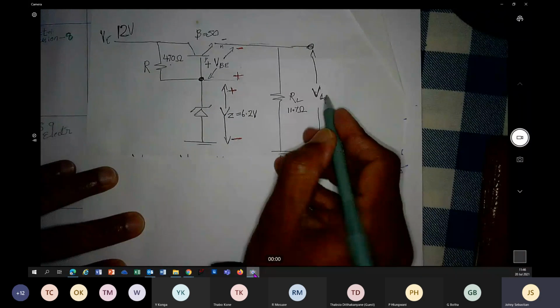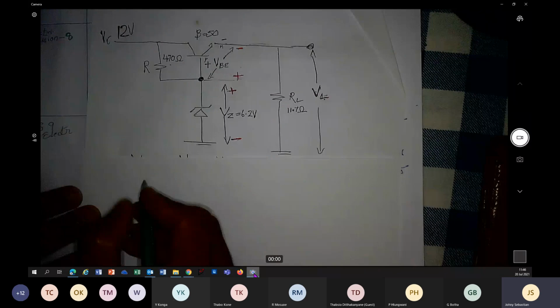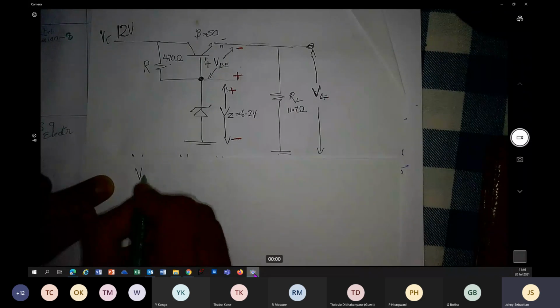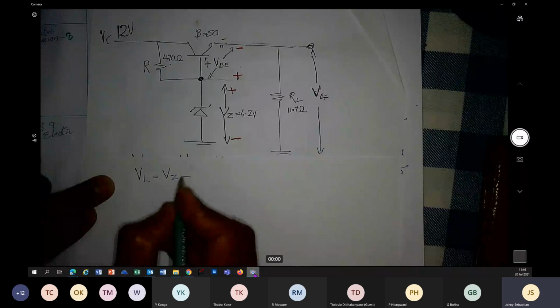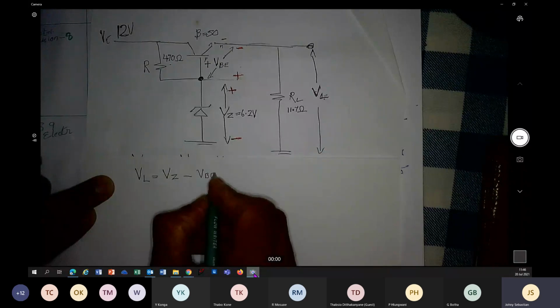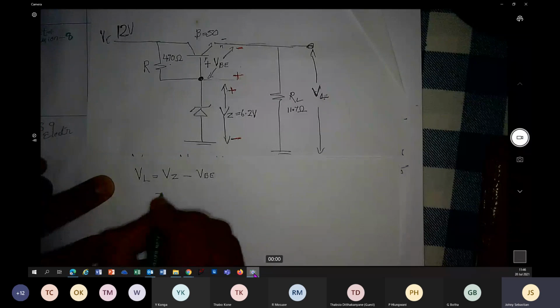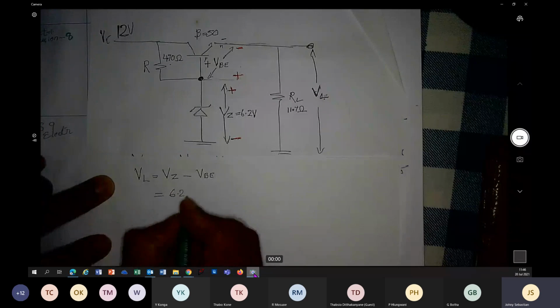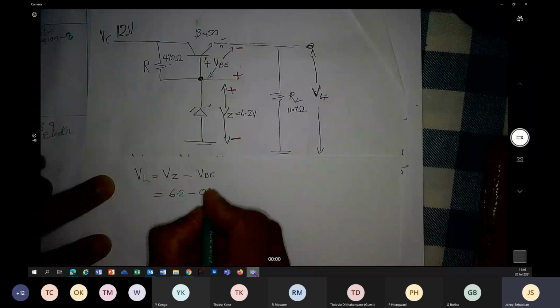Remember, you don't even have to remember it as a formula. You can pick it up from the diagram. VL equals VZ minus VBE. That is 6.2 minus 0.7.